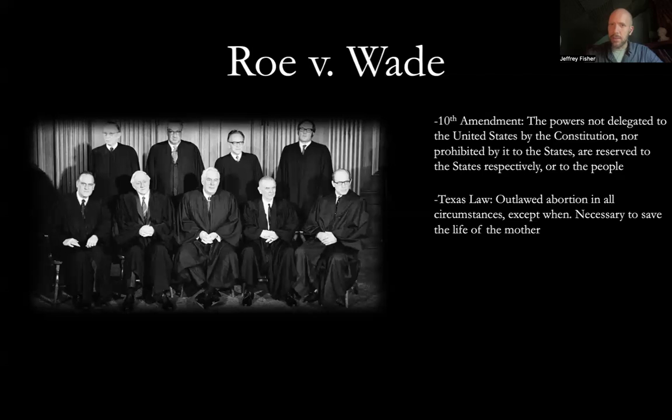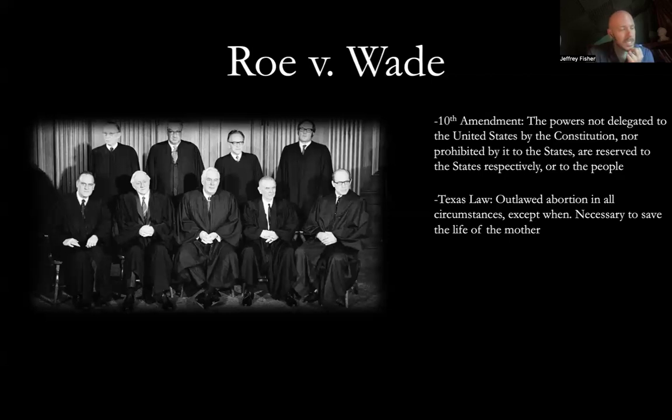It prohibited it in every circumstance except when it was necessary to save the life of the mother. Other than that, you weren't allowed to procure an abortion. And like I said, other states had similar restrictions on their books. And so that was how things were prior to Roe versus Wade. Some states restricted abortion very heavily, such as Texas. Some states didn't. It was up to the states.